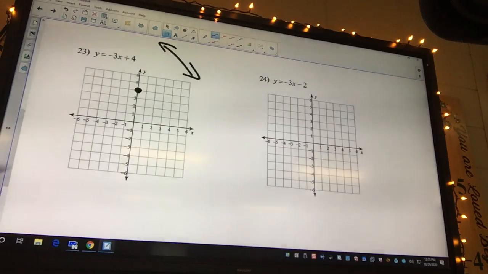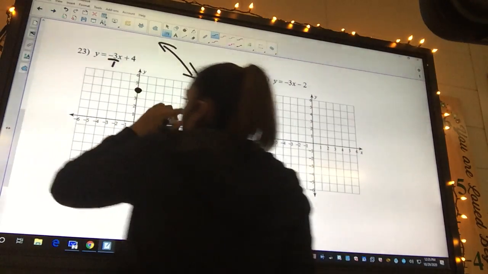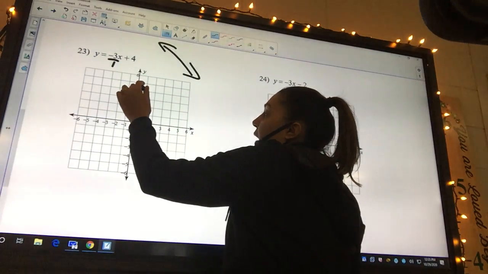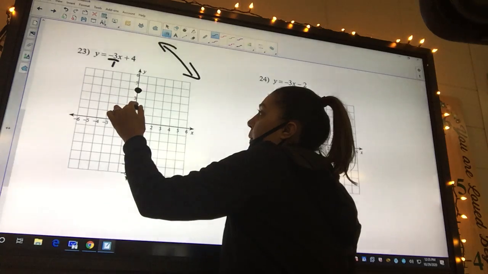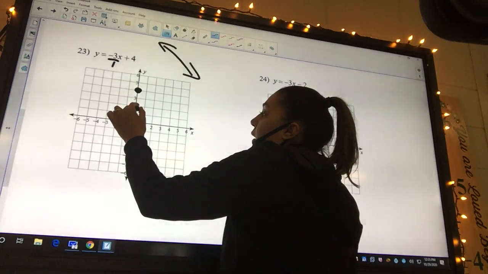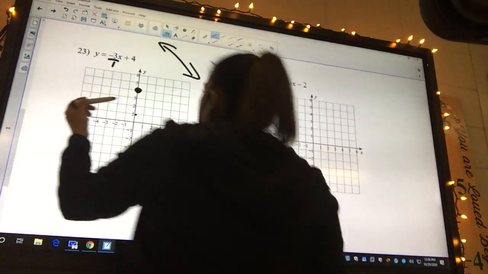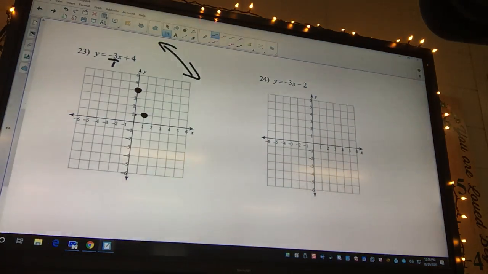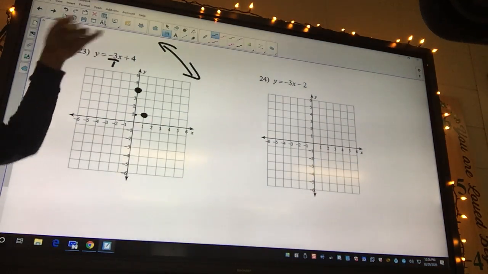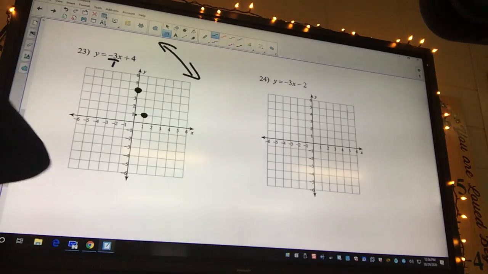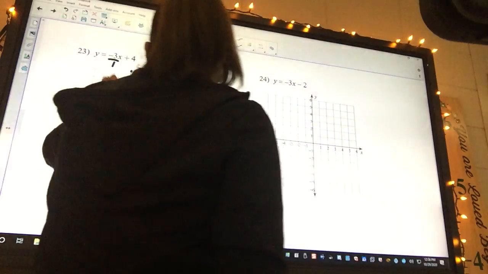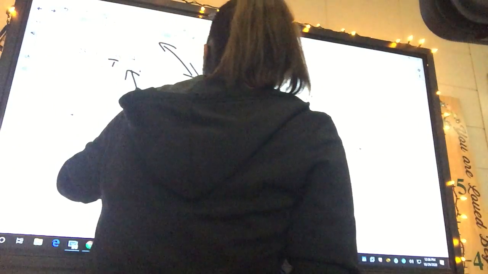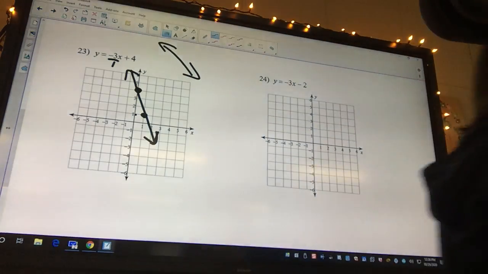So anything is over 1. So I cannot rise 3, so I have to go down 3. 1, 2, 3. To the side, negative. To the right. And I got to go this way. Okay, because I have a negative slope. And that's why I said do the opposite of whatever you're... Because if it's coming up on the right side, then it's going to be a positive. Okay, so that's what mine should look like.